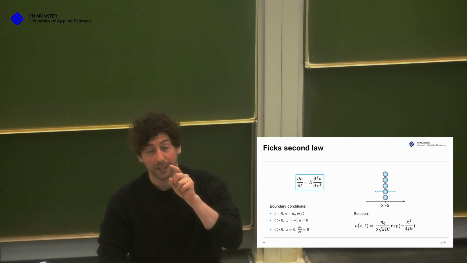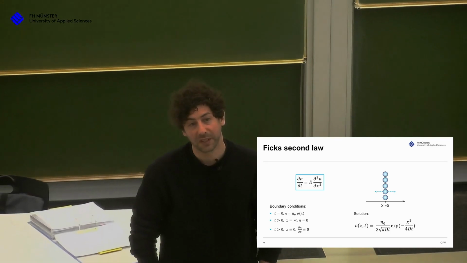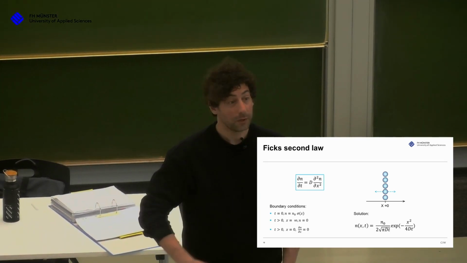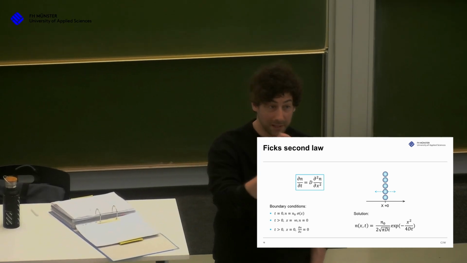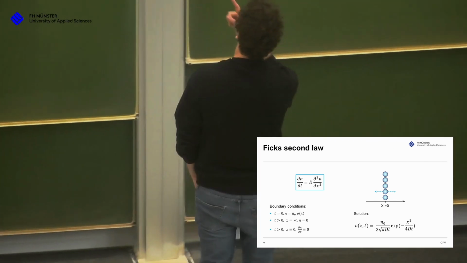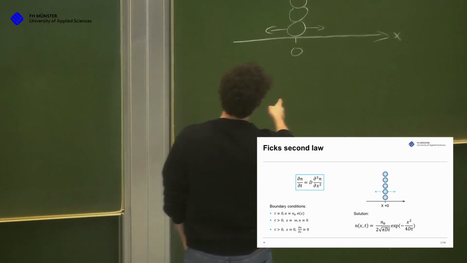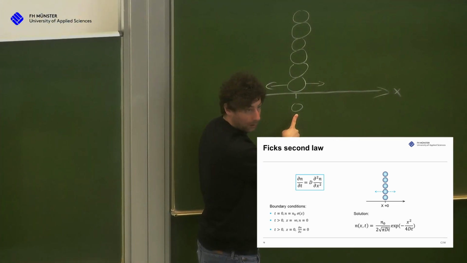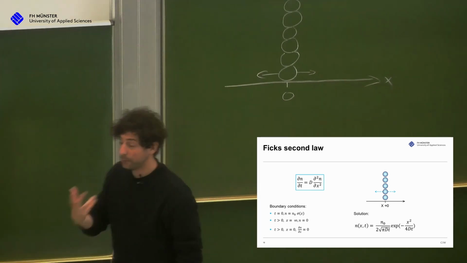So how do you know initial state? From which point do you see it? Yeah, very good. T equals 0 is the initial state. So at the beginning, all particles, n, are all here. That's the initial condition. And then we have two other conditions.